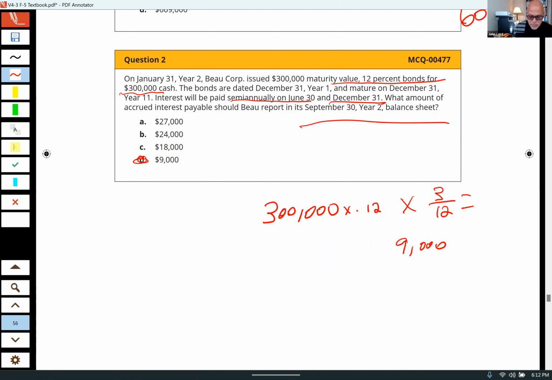Where did 27,000 come from? I'm just curious how you get to 27,000. I didn't take into account the semi-annual interest. Okay. So can you take 300,000 and multiply it by 0.12 and that gives you 27,000?